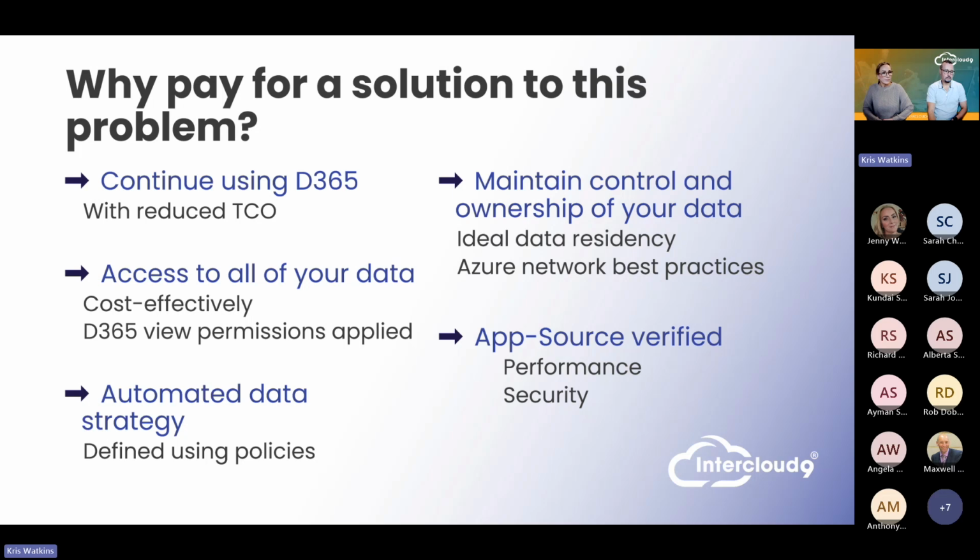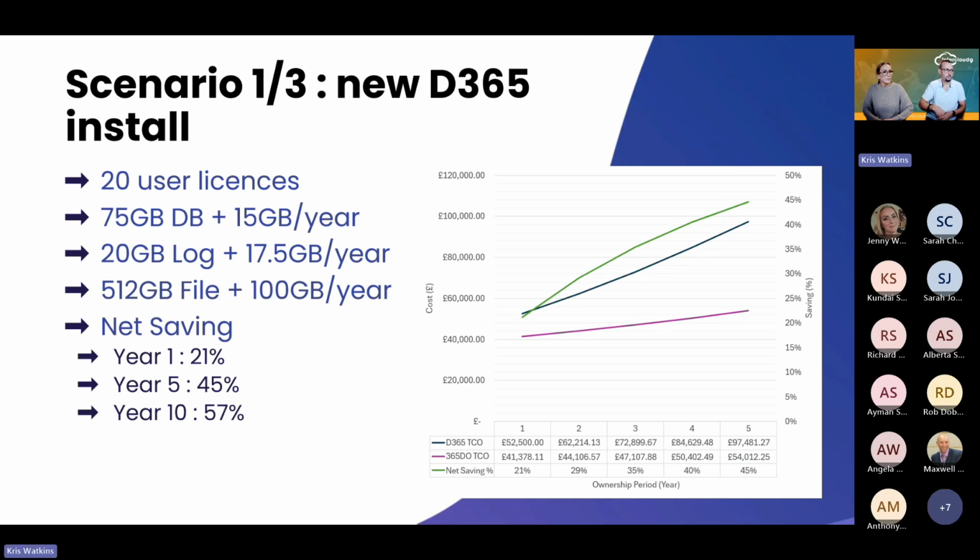Okay. So I've got a few worked examples that I want to share with you all to try and describe the reduction in TCO that I've been talking about. So we've modelled out a couple of different scenarios here.